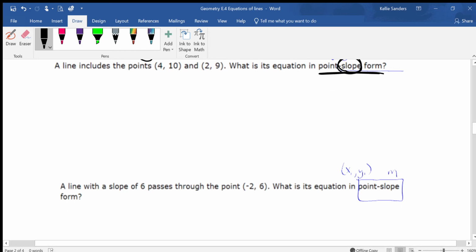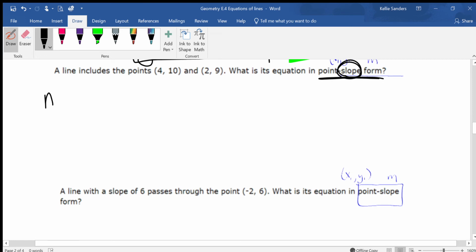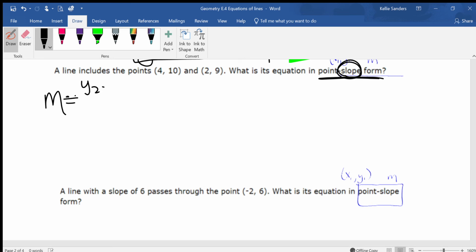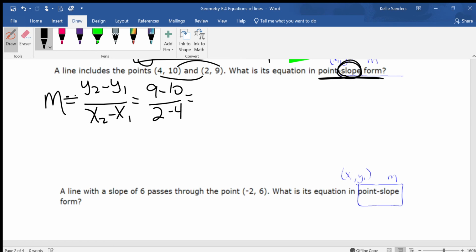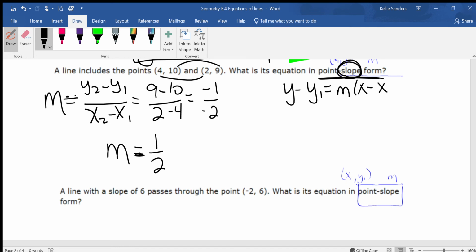So we go back and we tell ourselves that we're finding the slope. So we tell ourselves we're doing y2 minus y1 over x2 minus x1. 9 minus 10 over 2 minus 4. 9 minus 10 is negative 1. 2 minus 4 is negative 2. Our slope is positive 1 over 2 because 2 negatives make a positive. Now if we want point slope form, y minus y1 equals m times x minus x1.